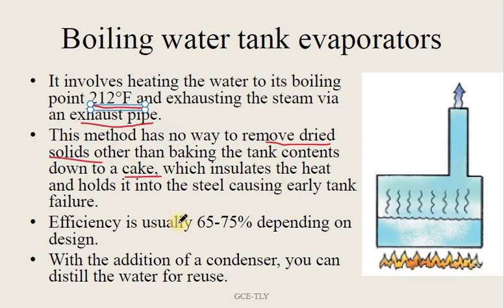So these settled solids insulate the heat and hold into the steel, and it causes tank failure. Here also there are no facilities for removal of the cakes formed. So this may result in boiler failure or tank failure. Here efficiency is between 67 to 75%. With the addition of a condenser, you can distill the water and reuse it.